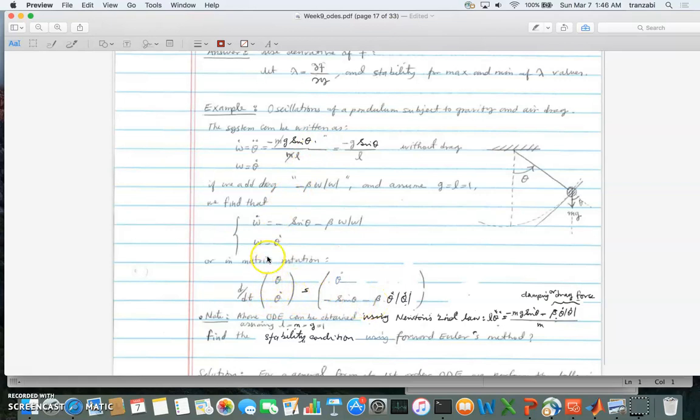Okay, so the first equation is basically the definition: the derivative of theta with respect to t is going to be theta dot. And then the second equation is the derivative of theta dot with respect to time, which is going to be theta double dot, and that's equal to minus sine theta minus beta, times theta dot times the absolute value of theta dot, because w is theta dot.